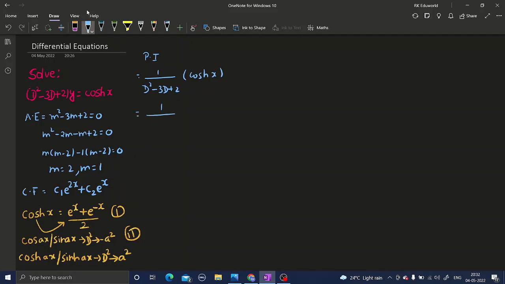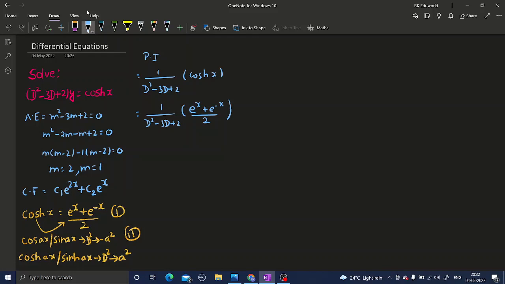Now I can write this hyperbolic cos of x as e power x plus e power minus x divided by 2.